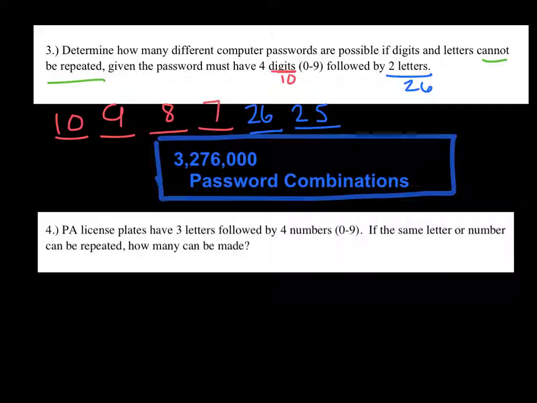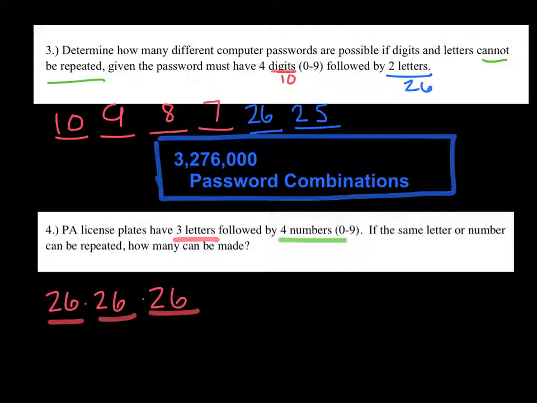So number 4, we're talking about license plates now, that have 3 letters followed by 4 numbers 0 through 9. If the same letter or number can be repeated, how many license plates can be made? So for your 3 letters, they can be repeated, so you can use all 26 options for each letter. You could have DDD or XXX or NNN.